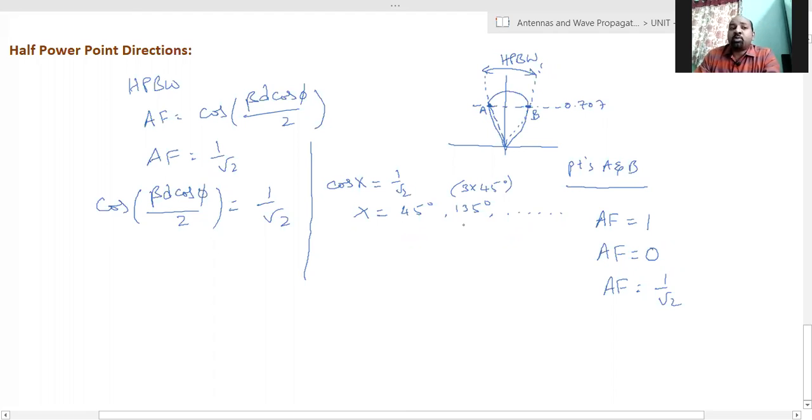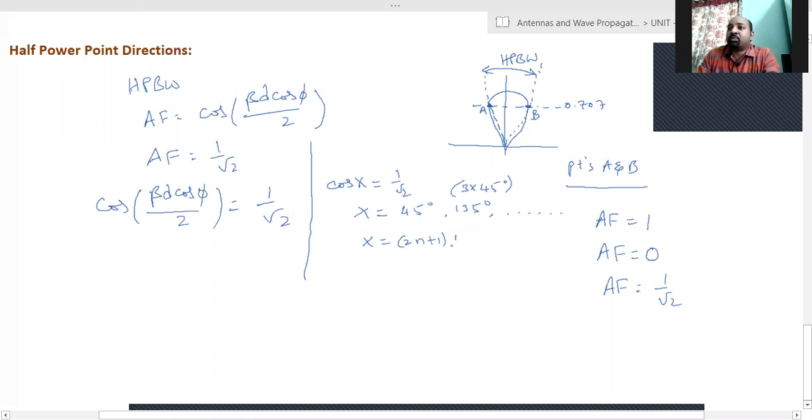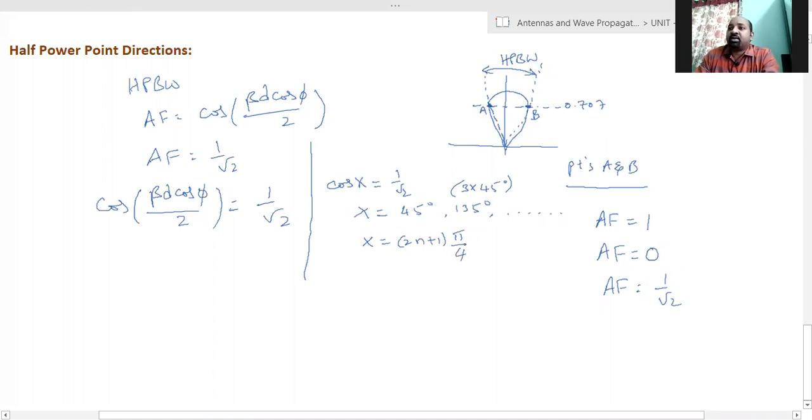At every odd multiple of pi by 4, you will get 1 by root 2, right? So therefore, x is equal to (2n plus 1) pi by 4.